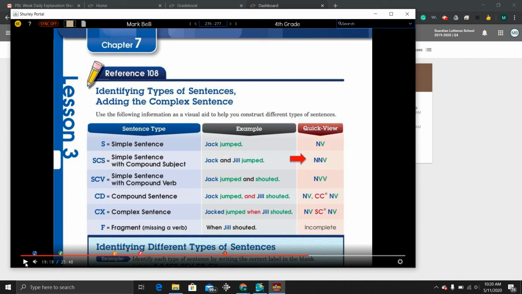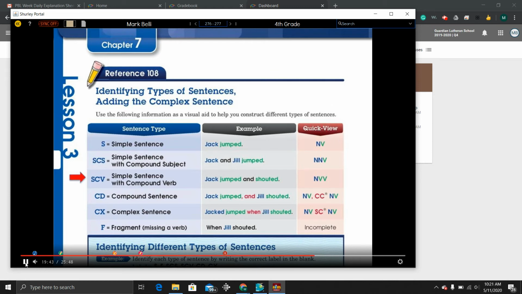I didn't. I'm not sure he did. Take a look at the quick view. It's labeled NNV. Remember, if it's compound, you will have either two nouns or two verbs. In this example, we have two nouns, Jack, Jill, and our verb is jumped.